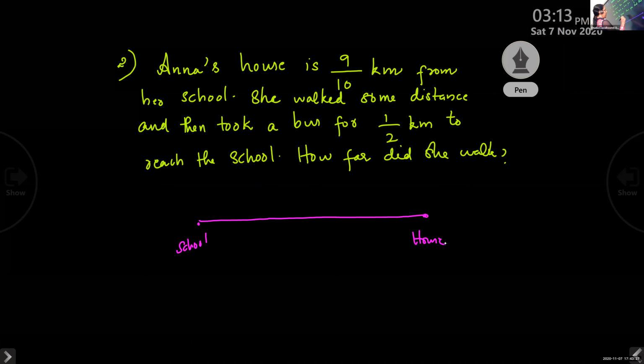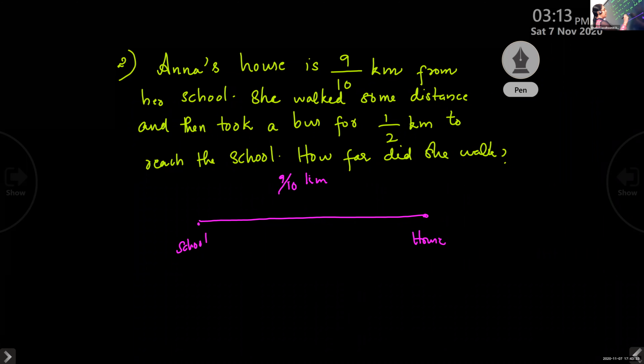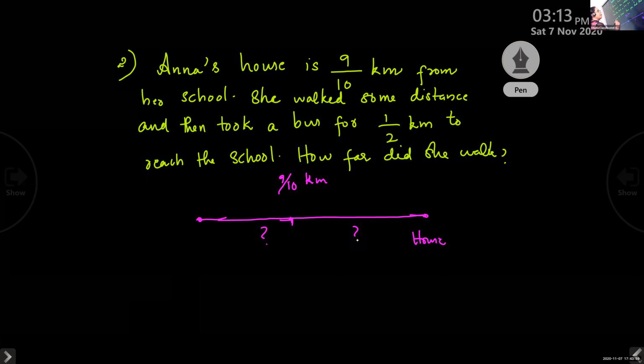First of all, she walked some distance, we don't know how many kilometers. She walked some distance from home and took a bus for half kilometer to reach the school.